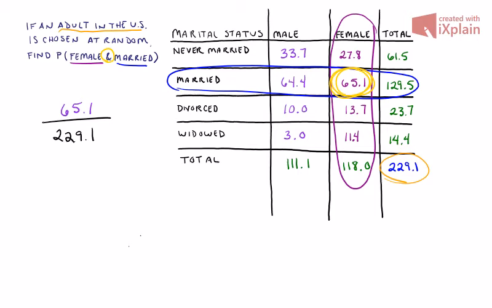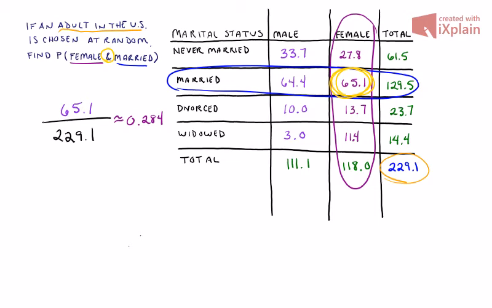When we go ahead and calculate this, we end up getting 0.284. So again, out of the grand total of this adult population that we surveyed in the census, we are finding out that 28.4% of them are female and married. Okay, so again, notice that nothing else comes into play. And that joint is essentially where those two descriptors intersect each other or connect.